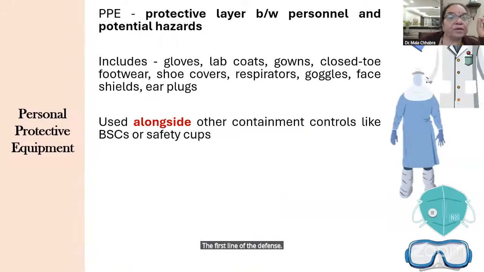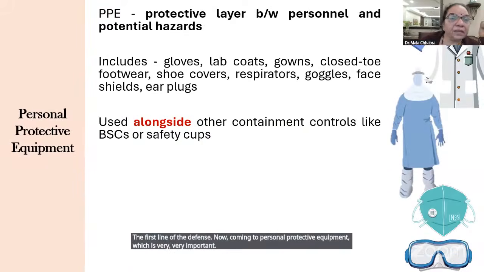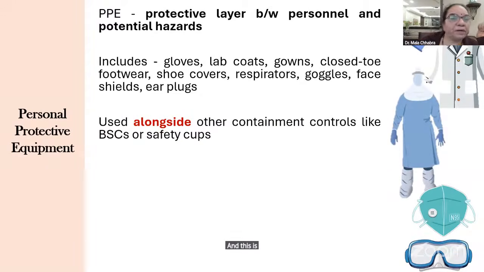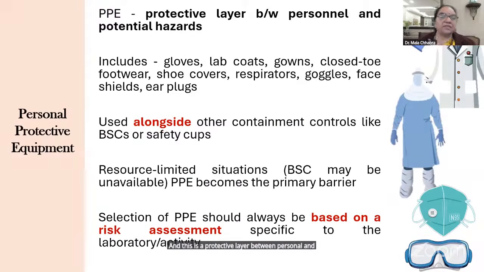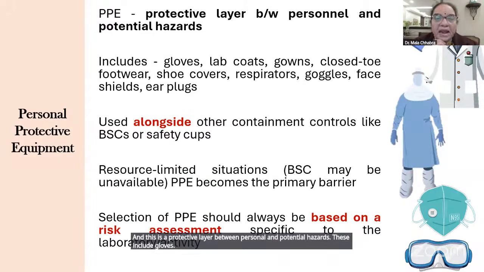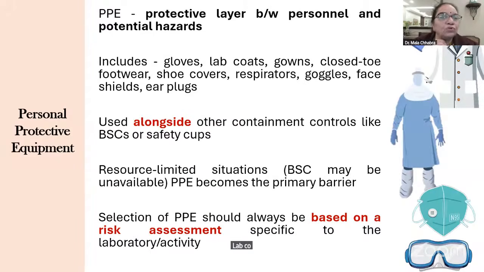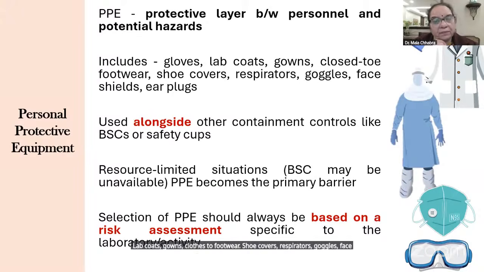Now coming to personal protective equipment, which is very, very important. And this is a protective layer between personnel and potential hazards. These include gloves, lab coats, gowns, closed-toe footwear, shoe covers, respirators, goggles, face shields, and earplugs.